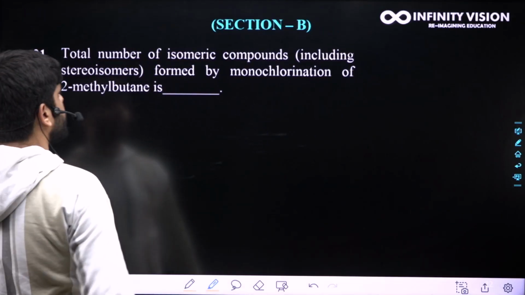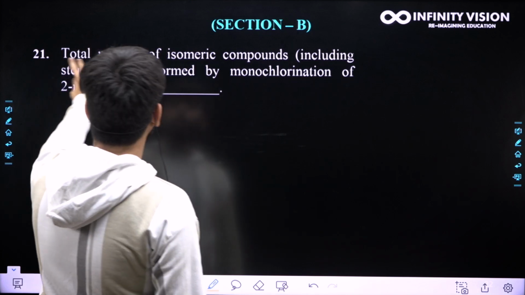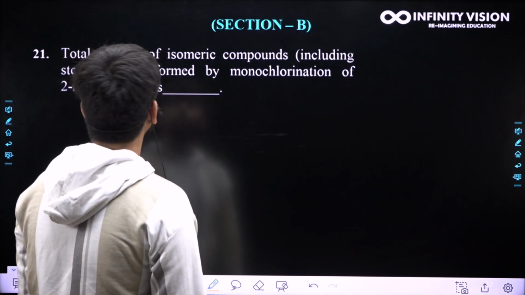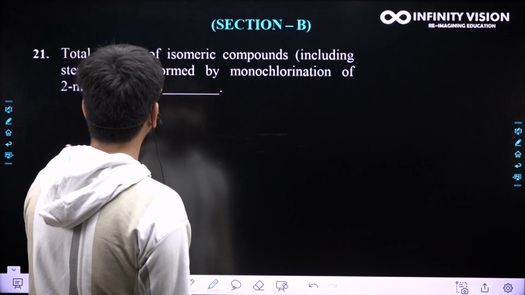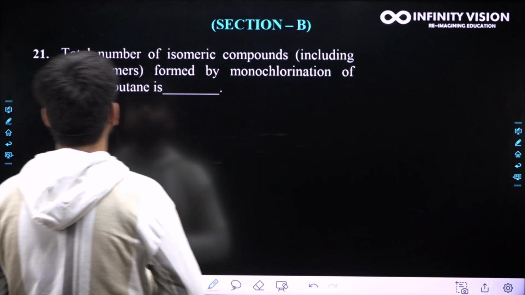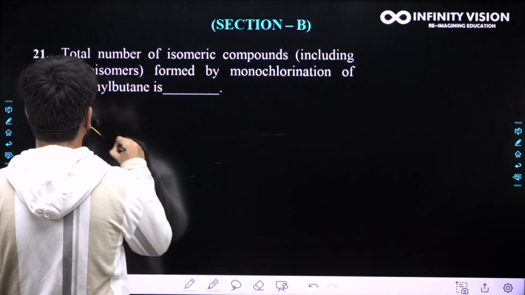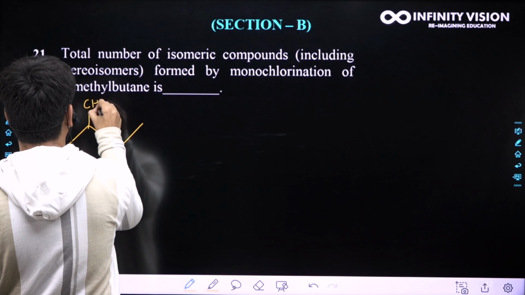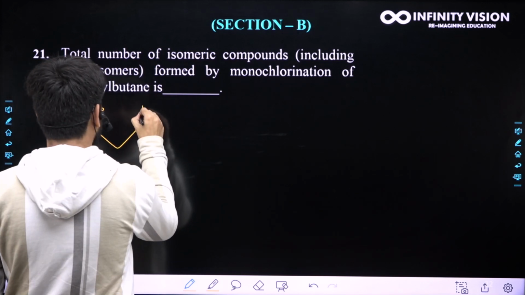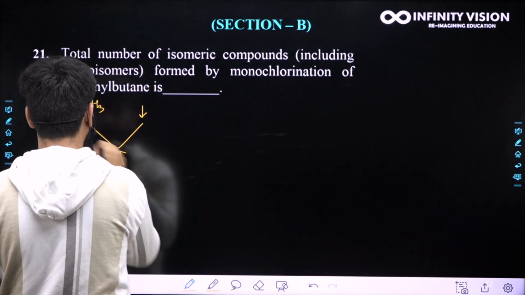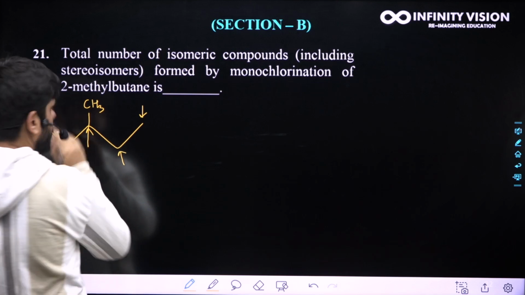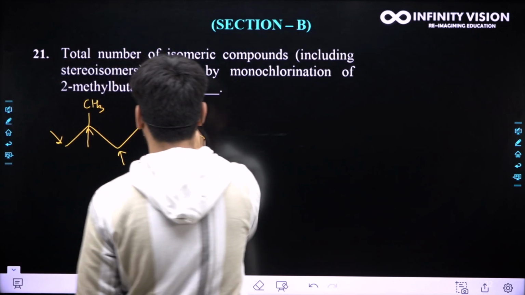All right, section B, question number 1. Total number of isomeric compounds, including stereoisomers, formed by monochlorination of 2-methylbutane. All right, we have 2-methylbutane, monochlorination. So we can substitute here, here, here, and here, 4 different positions. So let us see.